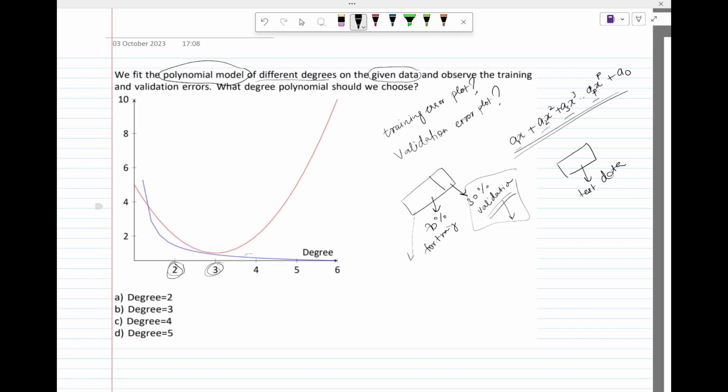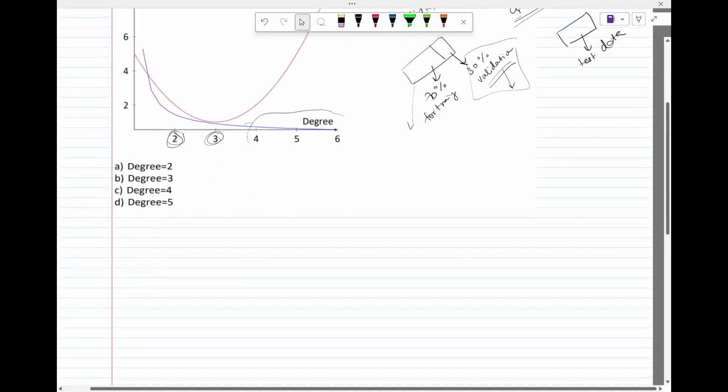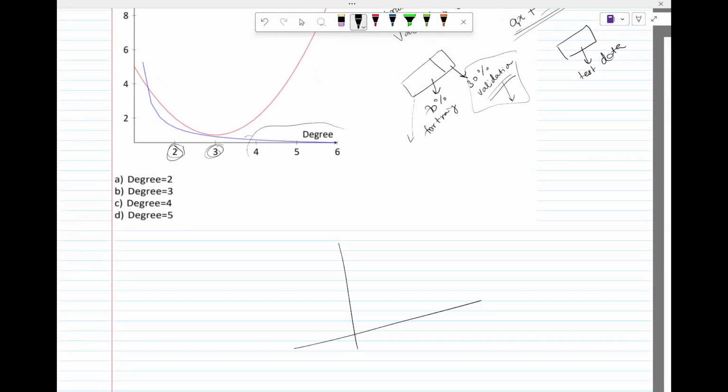Here we are seeing that trend: the validation error up to some point matches your training error, but then it goes on increasing because higher degree polynomials can be quite complex, so they can easily fit your training data. If you have some data like this, now a degree 1 polynomial is a straight line.